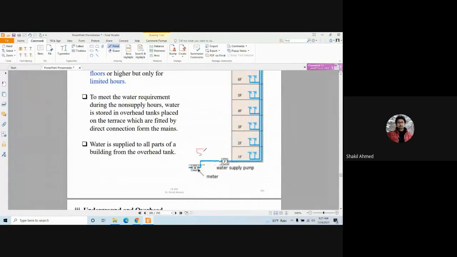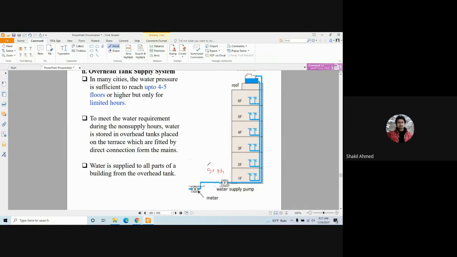Again, 50 psi or let's say 40 psi, whatever it is, and you see that with this pressure, you can uplift the water up to this level, 1, 2, up to 4. You cannot uplift the water beyond this level. That means you need more pressure.